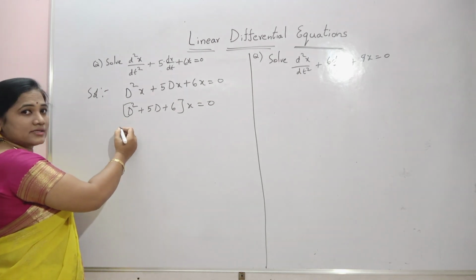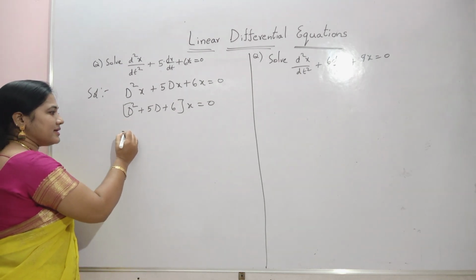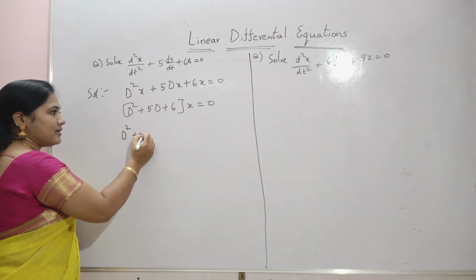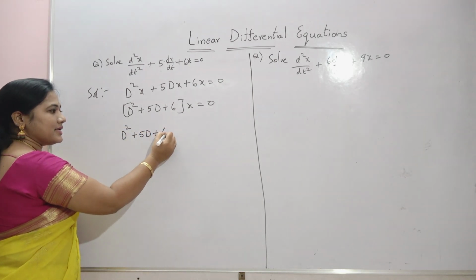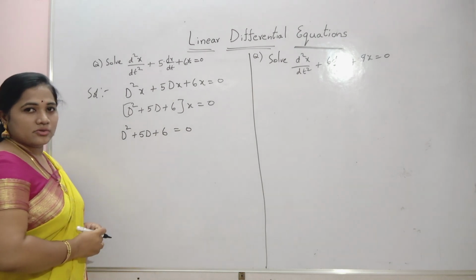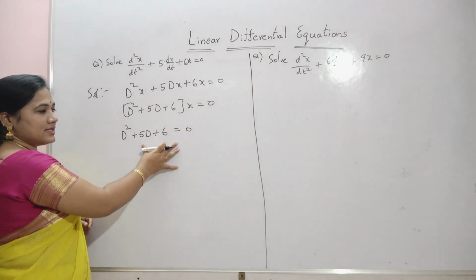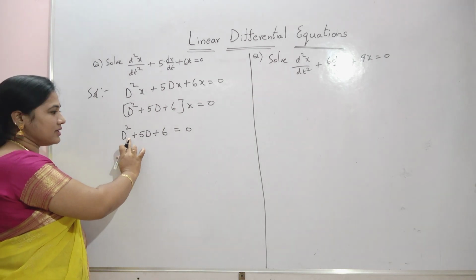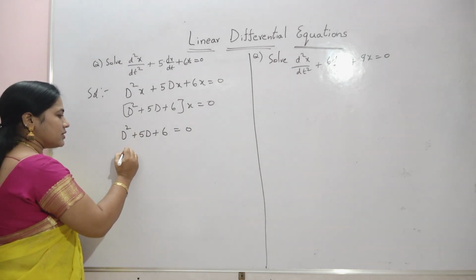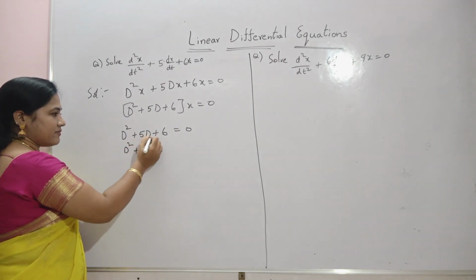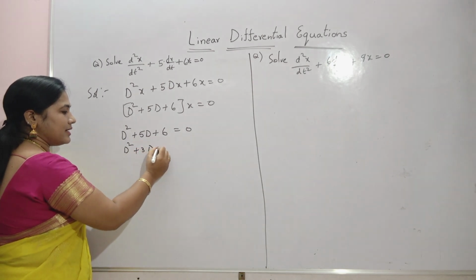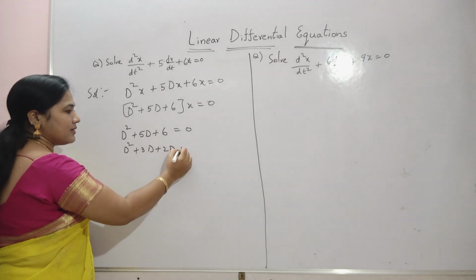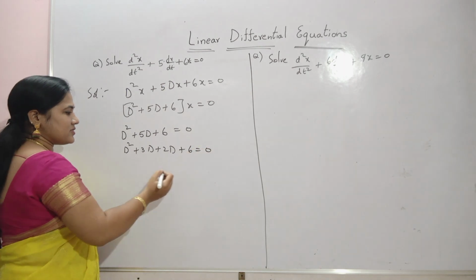Then write its auxiliary equation. So what is the auxiliary equation? D square plus 5D plus 6 equals 0. So this is the auxiliary equation. Now find the roots of the equation. So D square plus 5D plus 6 can be written as D square plus 3D plus 2D plus 6 equals 0.